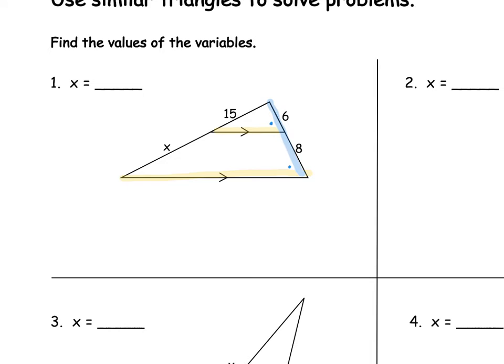And then I can think of this side as a transversal and show that this angle is equal to this angle because of the corresponding angles theorem as well. So then the small triangle is similar to the bigger triangle because of AA. AA is one of the similarity criteria that we talked about in lesson 18-1.